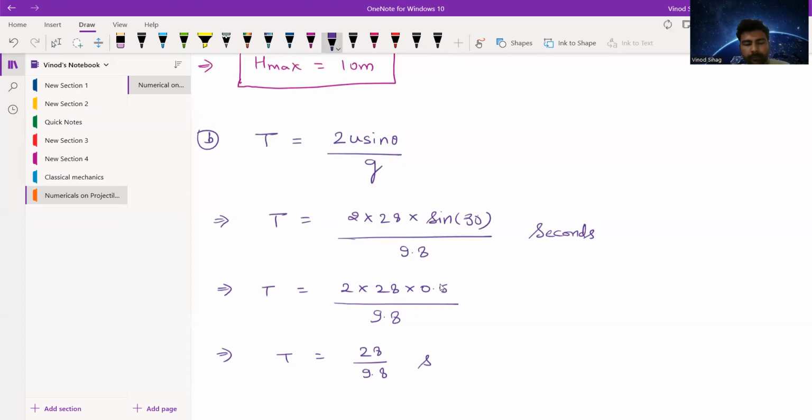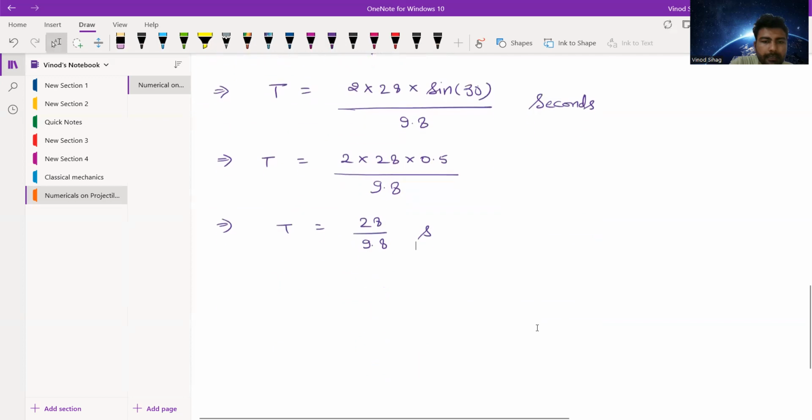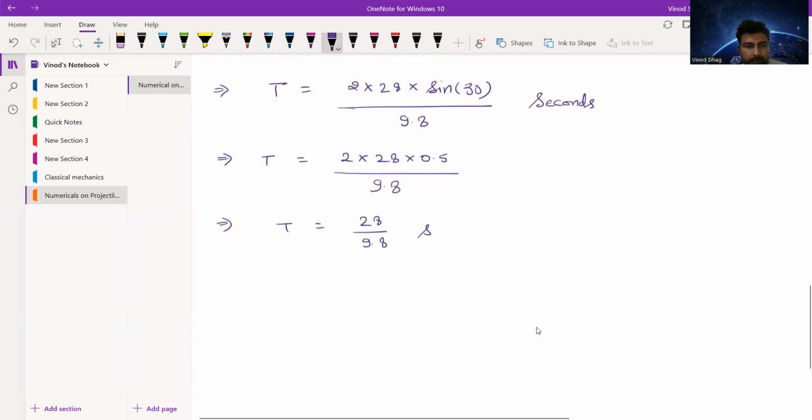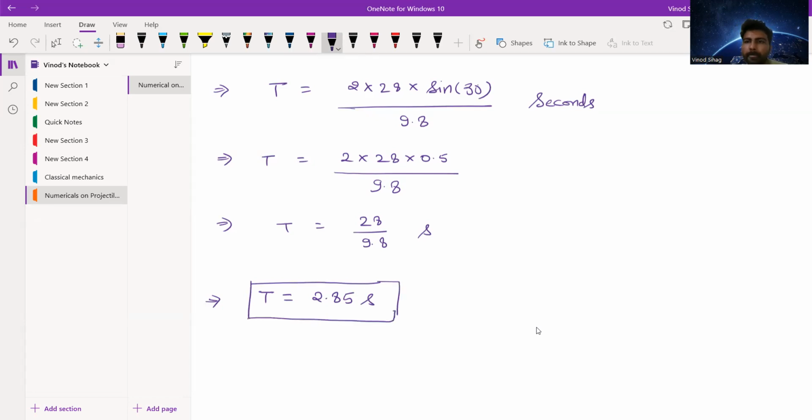If we calculate it, we get 2.85 seconds. So this will be the time taken by the ball to return to the same level.